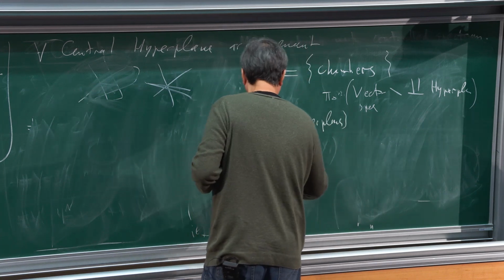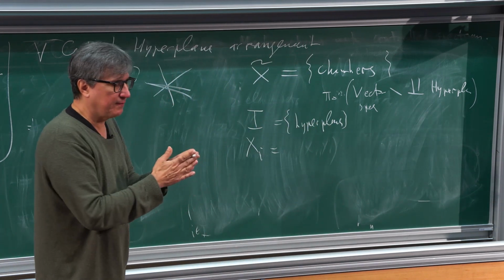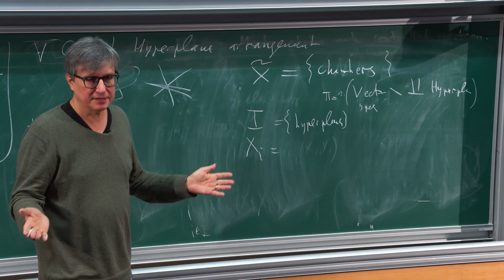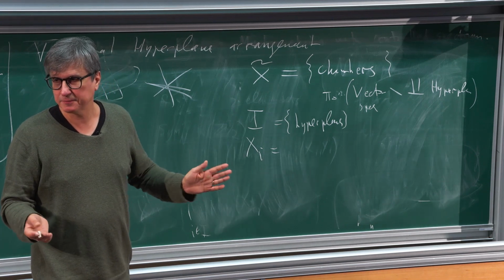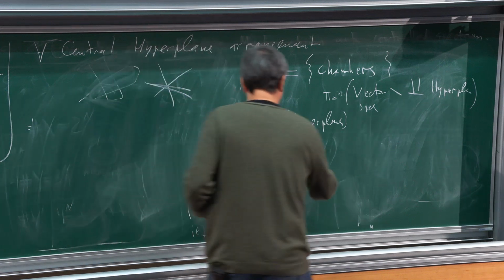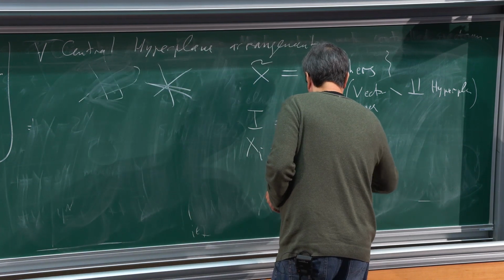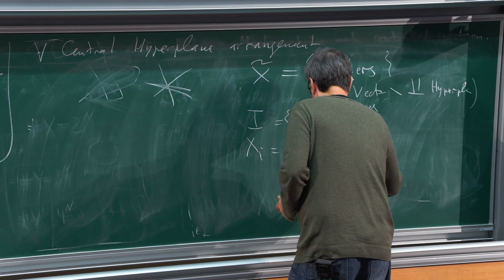And the set x_i is the following: for each hyperplane, we get one side and another side, the two half spaces.